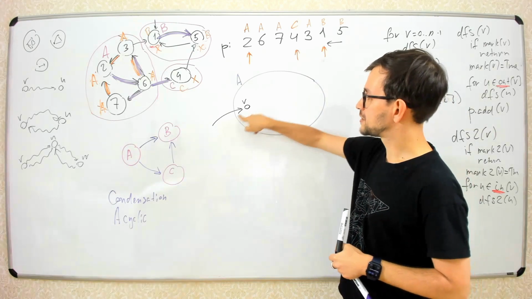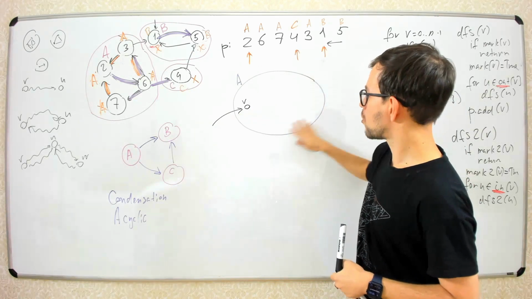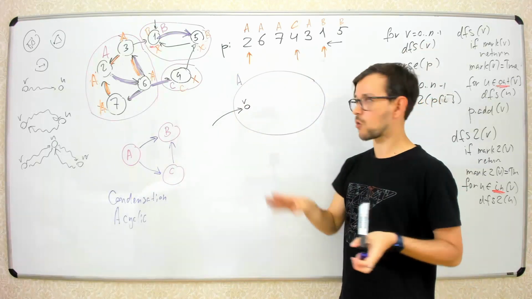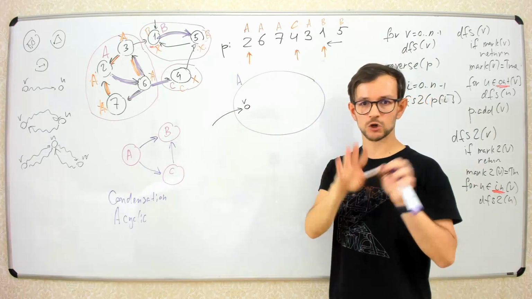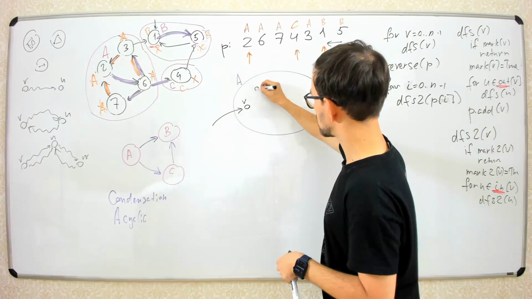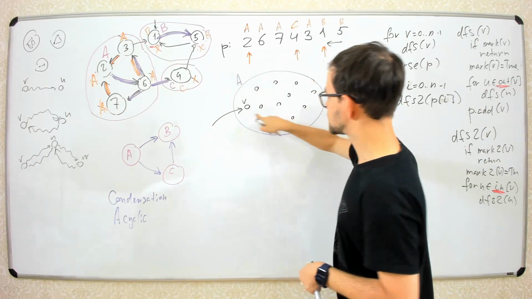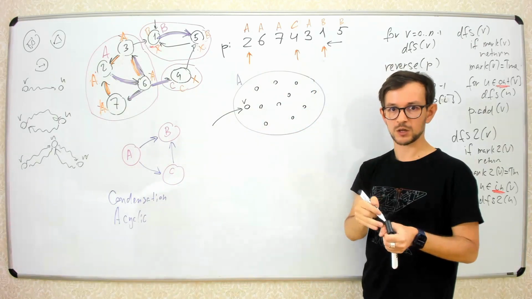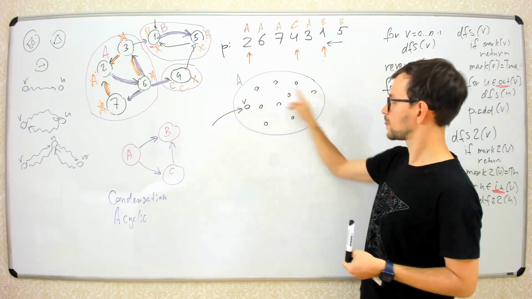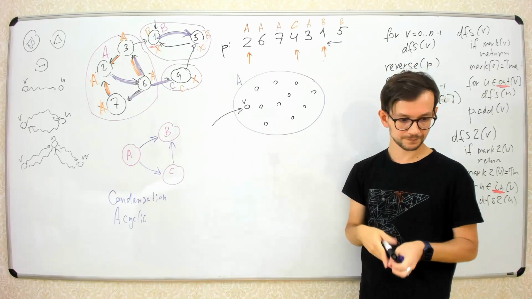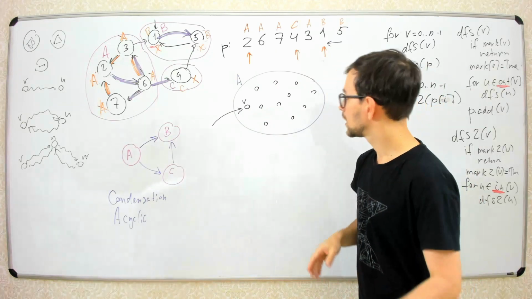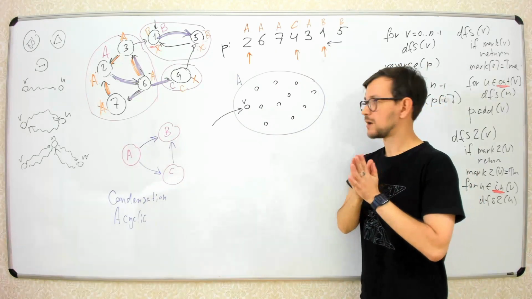When you visit this first node, all nodes in this component are not marked yet. Since this is the first node you enter, all these nodes are not marked.